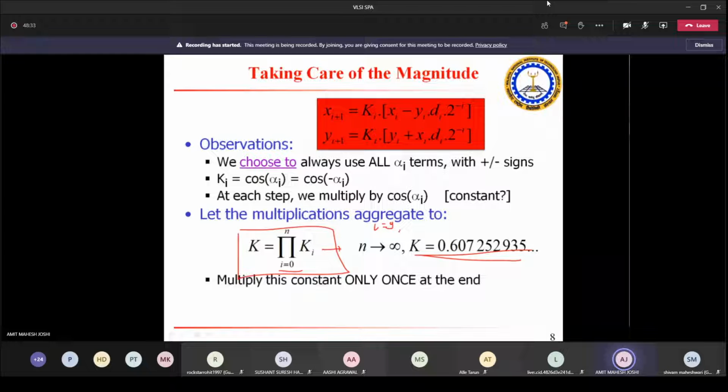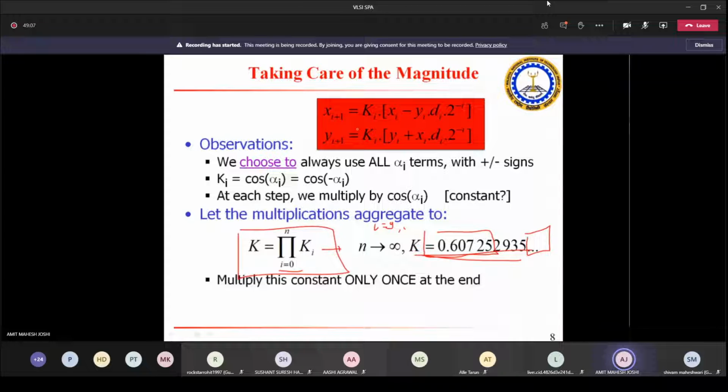If you go for i equal to 10, 11, 12, then it makes a change only in the fraction bits, like this: 0.607252935, the digits after that will change. ठीक है. So moreover, if I consider the initial 3-4 bits, then the constant value is 0.60725. So that could be the k value which I need to worry about in this particular equation.